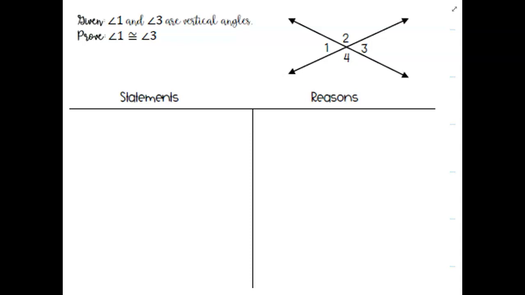So for this theorem, for this proof, remember we have our statements and our reasons. We are given that angle 1 and angle 3 are vertical angles. We want to prove that angle 1 is congruent to angle 3.